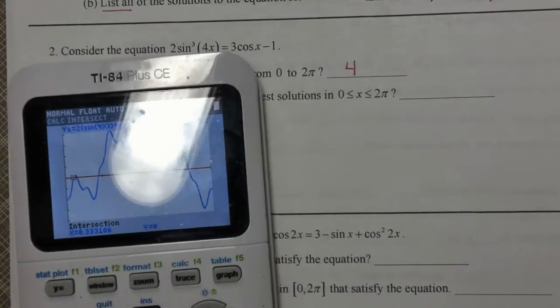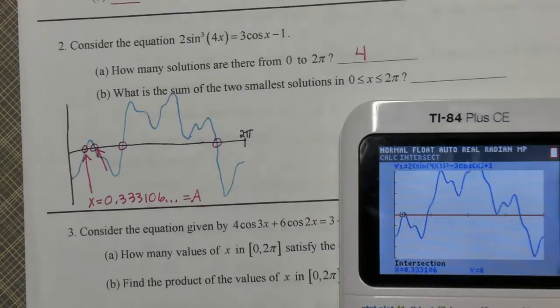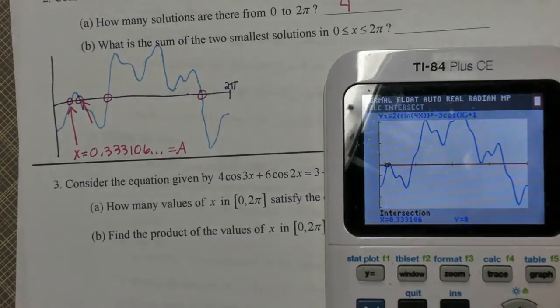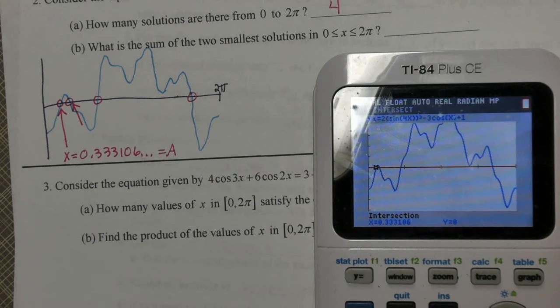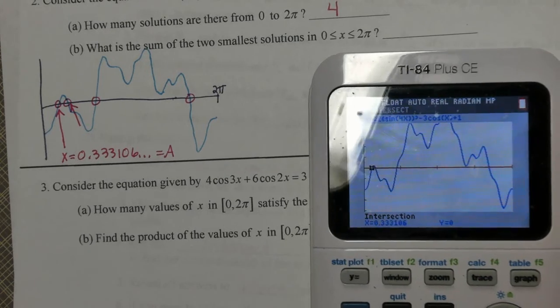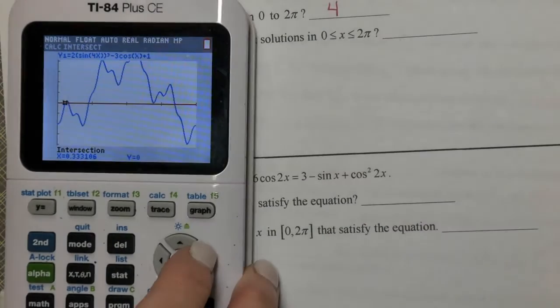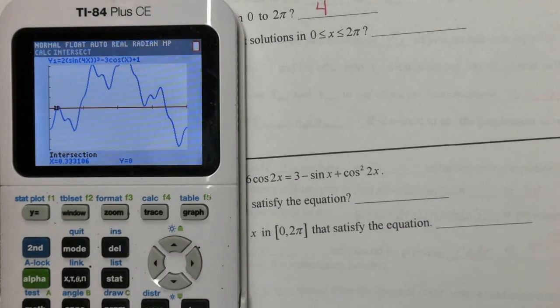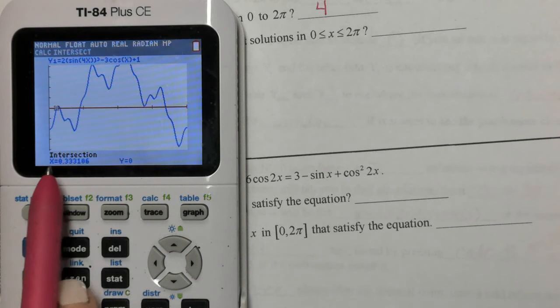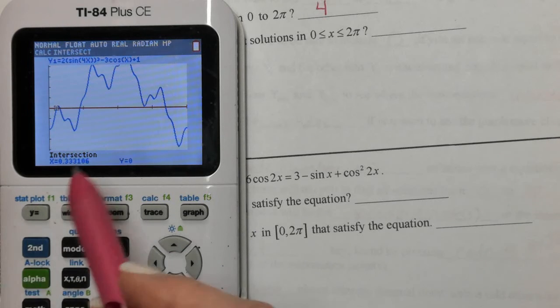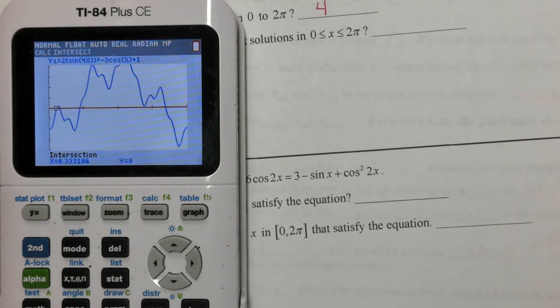So before I lose that value, right now your calculator thinks that x is that number. But as soon as you go and find the other intersection point, your x value now is lost.